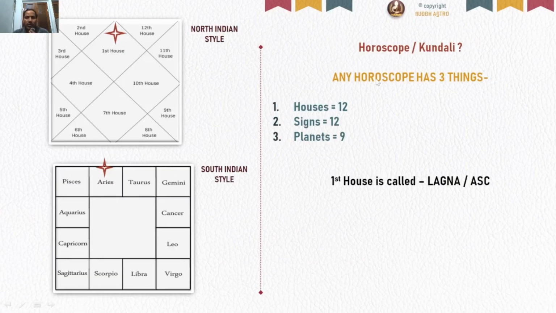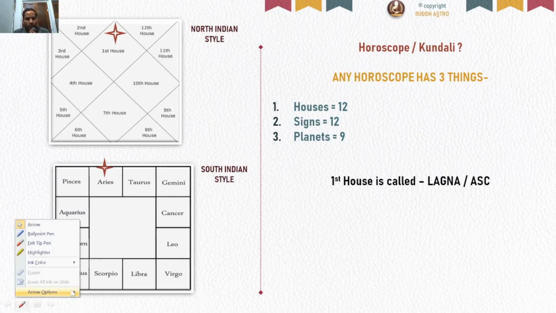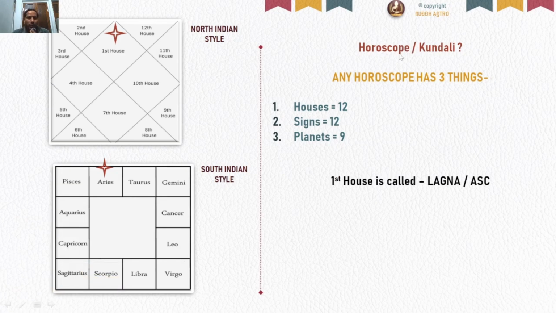First, understand what is horoscope or kundli. Any horoscope has three things. In any horoscope, you will find three things. First, there will be houses or bhavas.